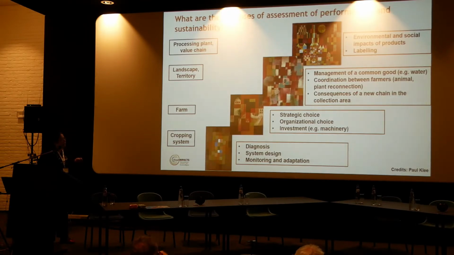So at the end, last but not least, and it was just discussed before, it is possible, for instance, with LCA to assess the environmental and social impacts of products, and it's a good way to have an objective basis for labeling, which is not the case most of the time, because you have no real environmental or societal impact for the existing labeling, and there are more and more labels on your products.